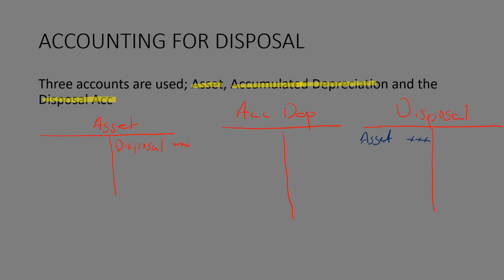Then for depreciation, remember, you'll have accumulated depreciation, that means the balance b/d for that particular asset.